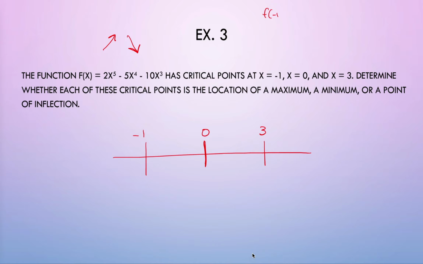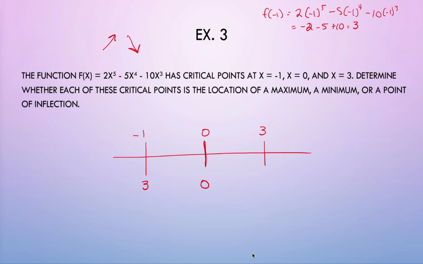f of -1 is going to be 2 times -1 to the fifth minus 5 times -1 to the fourth minus 10 times -1 to the third, which would be -2 minus 5 plus 10, going to be 3. At 0, the function is 0.